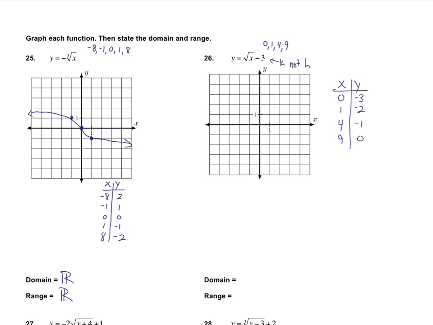Square root of 1 is 1, minus 3 is -2. Square root of 4 is 2, minus 3 is -1. Square root of 9 is 3, minus 3 is 0. There's our graph. Domain is 0 to infinity, and range is -3 to infinity.